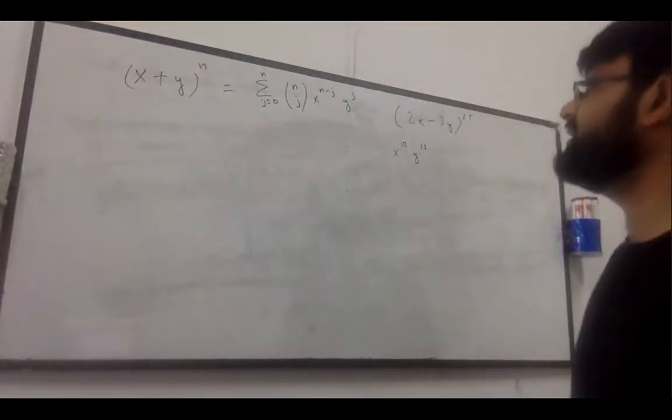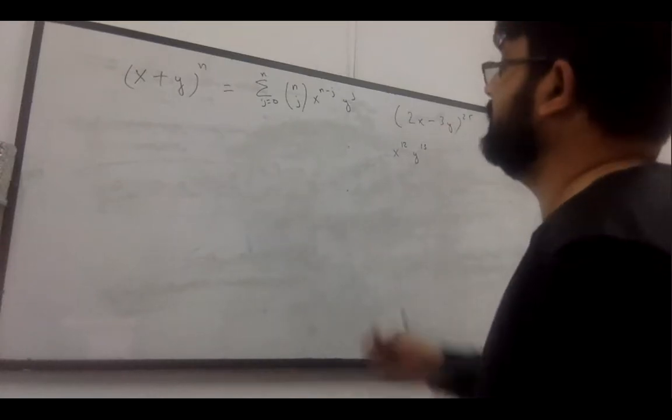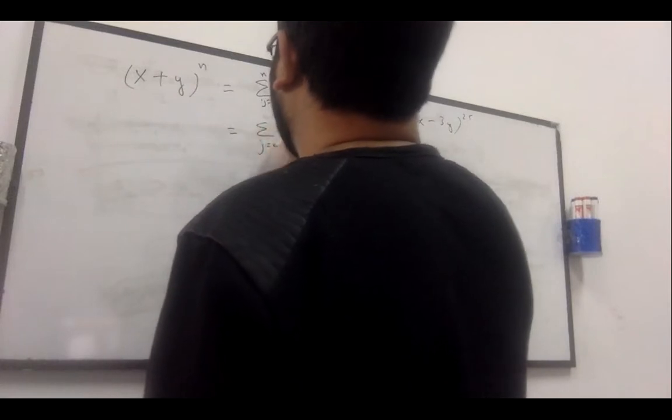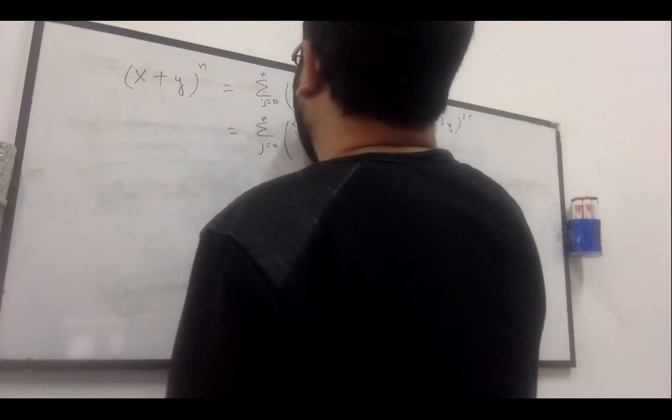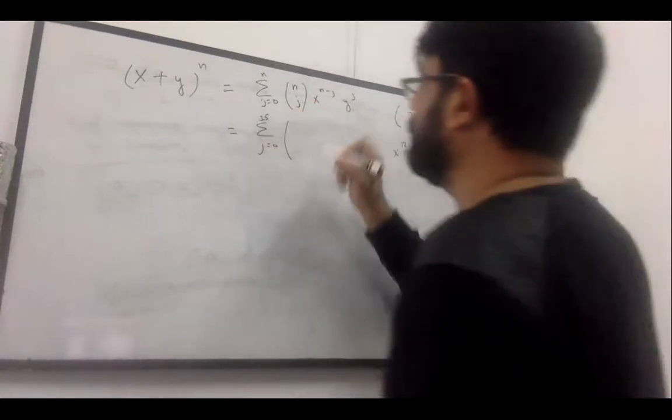What I note here is that x is not x, it's 2x now. So if I just expand this formula, this is going to be the summation from j equal to 0 to n, which here is 25.